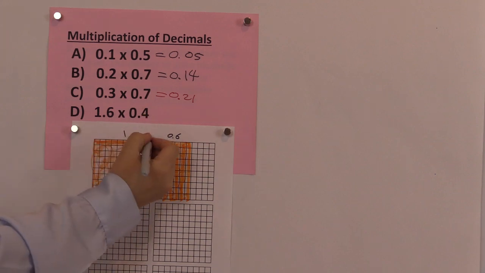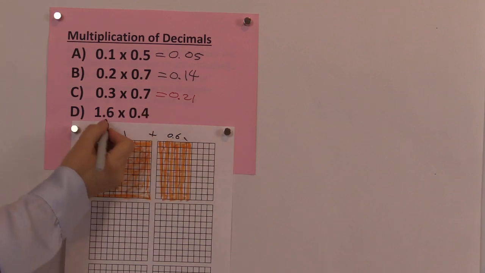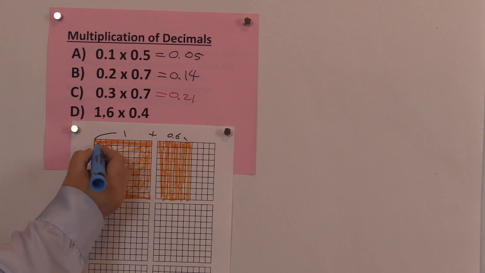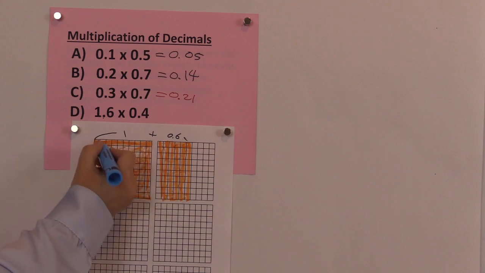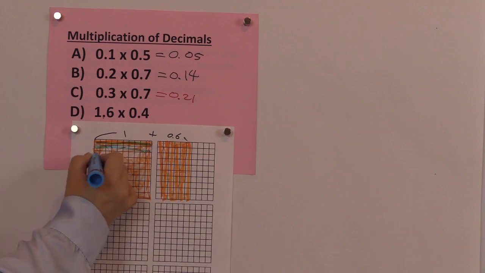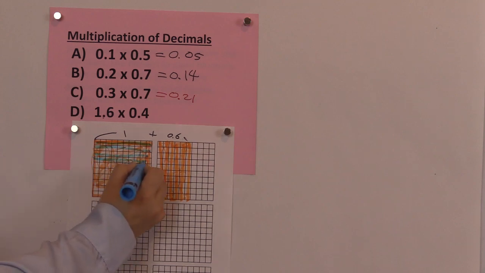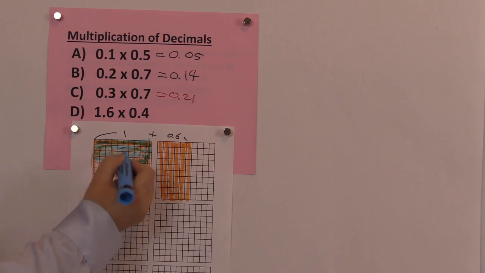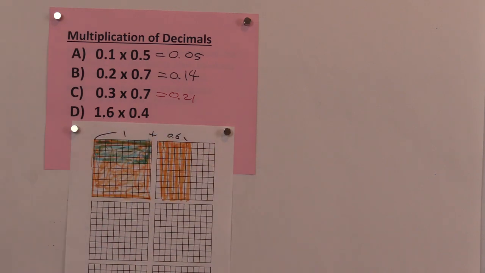So 1 plus 6/10 is my total base of this. Now I need to have a height, which is 4/10. So I have 4/10 here. So here's my question. Should I stop here or should I go to the second hole?